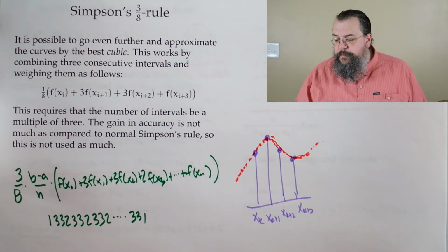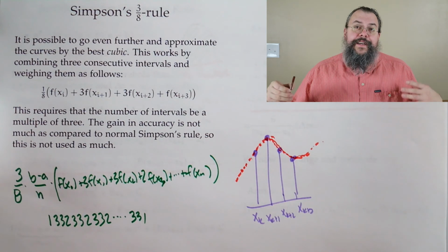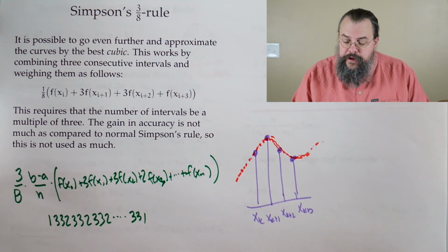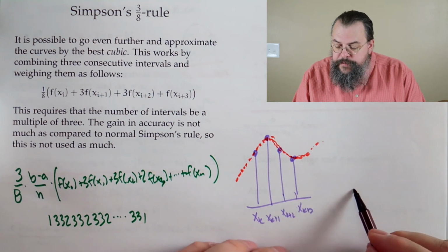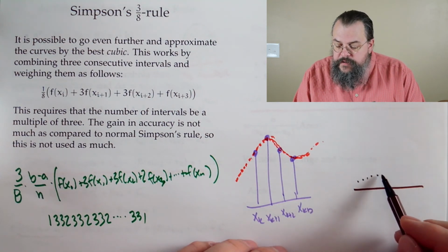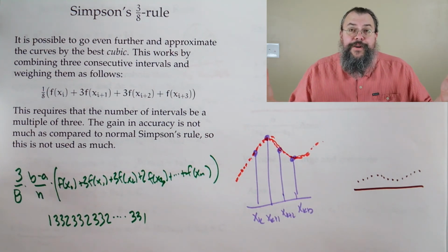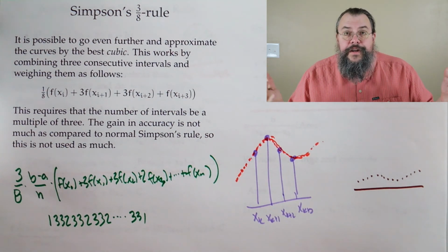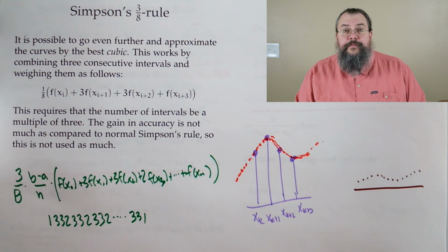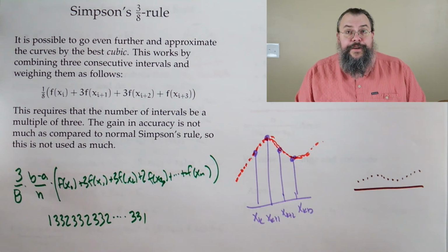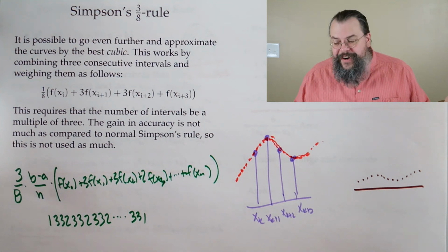If I can find a cubic that goes through 4 points, then if I have 100 points, I'll just find a polynomial of degree 100 that passes through all those points. Actually, I only need a degree 99, but all right. Is that a good idea? And the answer is no.